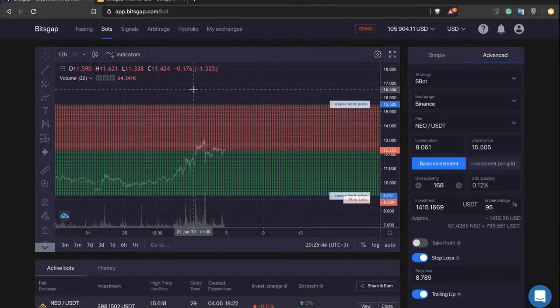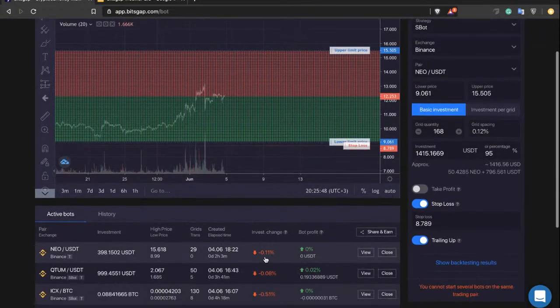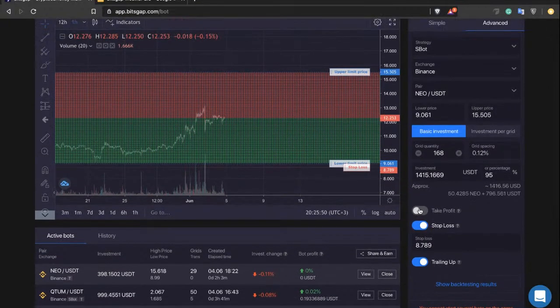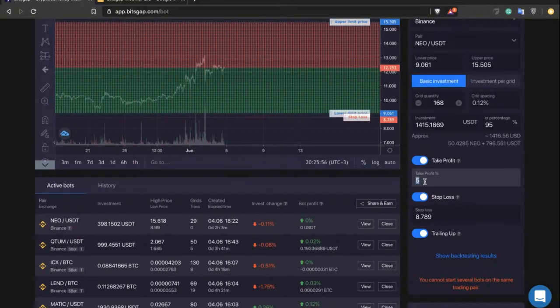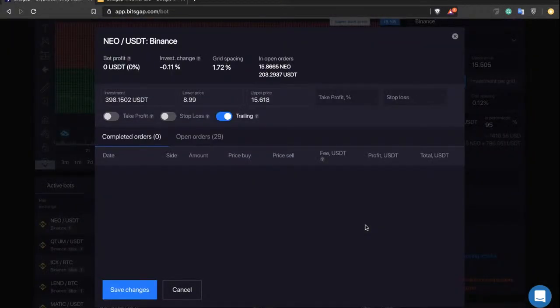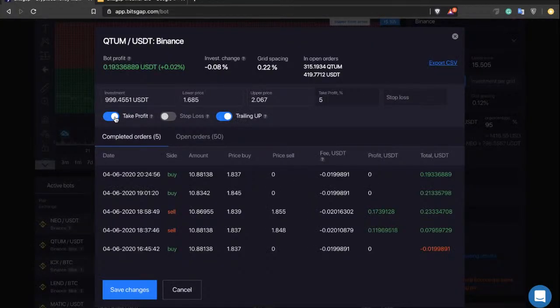So once again, about the take profit. Alberto is asking, well, as I said, when you have the take profit function on, and let's say you have it at 5%, I think I had it on quantum trading, yeah, I have it here. So I have my take profit at 5%.